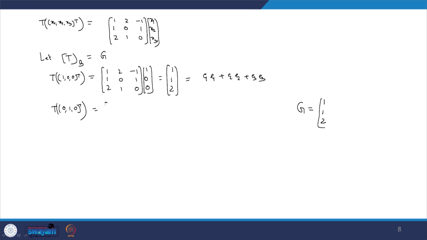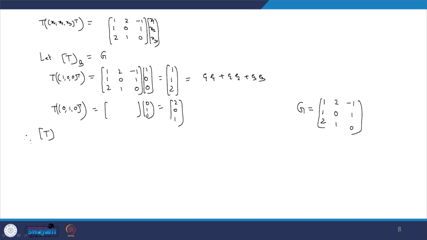This will be again this into your 0 1 0, it will give me 2 0 1. So, the second column will be 2 0 1, and similarly the third column will be minus 1 1 and 0.